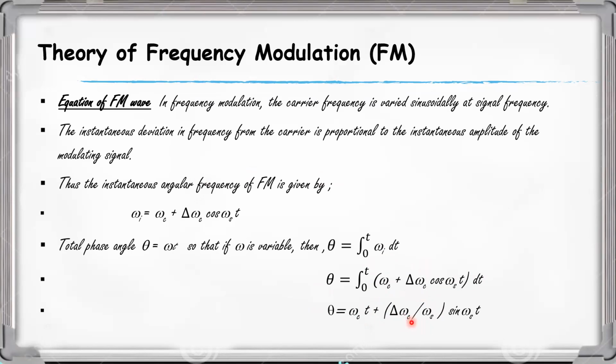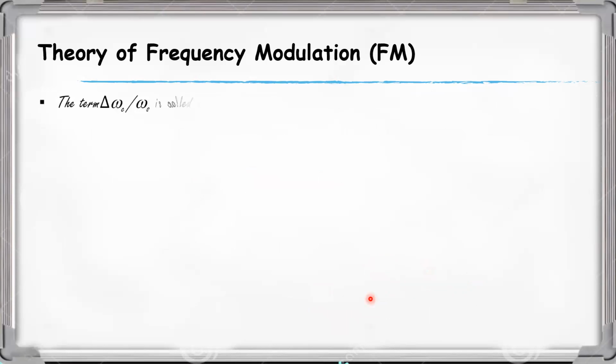We define this quantity delta omega c divided by omega s as the modulation index mf.